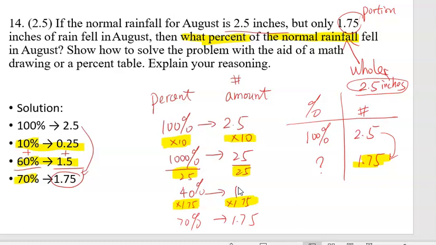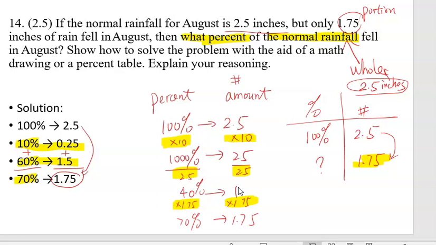For that part, if you have a little bit of trouble, you can use your calculator. But we will talk about how to multiply decimals in chapter 5. So that gives us the percentage corresponding to 1.75 is 70%. And there are other ways you could do it.